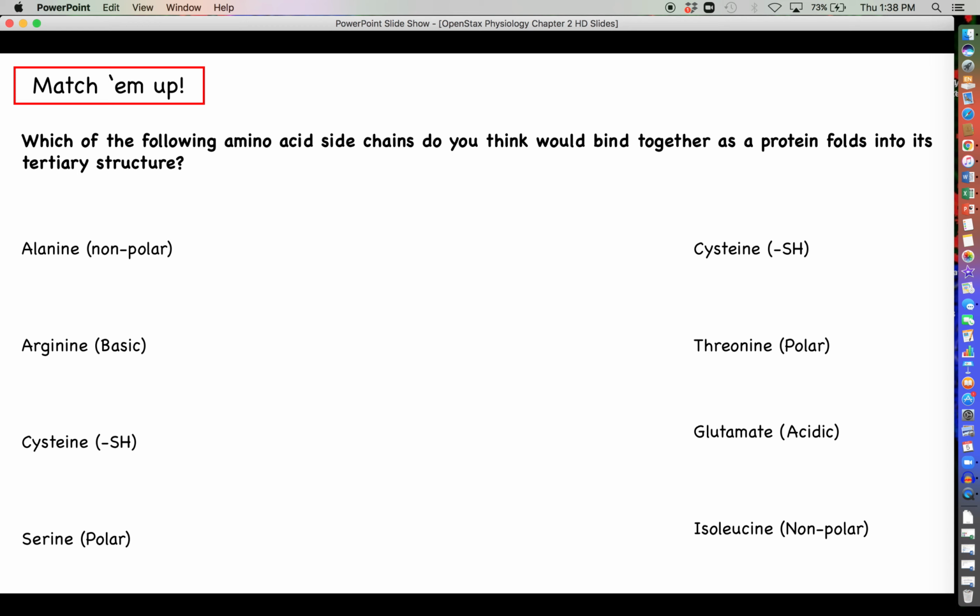Well, if you recall something important we said in a previous video, like goes with like, polar goes with polar, and non-polar goes with non-polar. So this would be an example of a hydrophobic interaction, 2 non-polar side chains huddling together, if for no other reason than to make sure that they get themselves away from water, their arch nemesis.